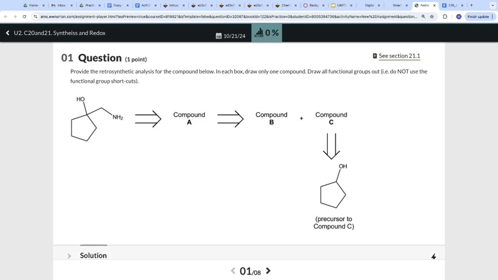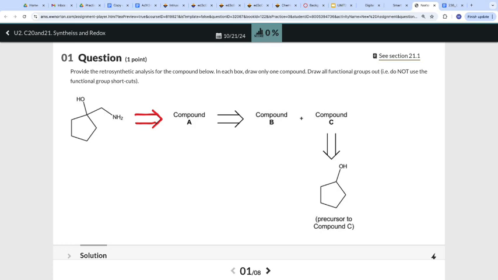Right. So what it's even asking is it's asking you to think backwards. So these arrows, and I, full disclosure, don't particularly like this. It always kind of bothered me, and I don't understand why we can't just flip the whole thing around and go the other direction.